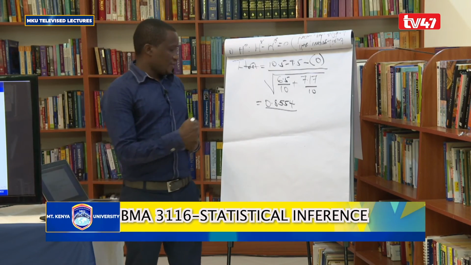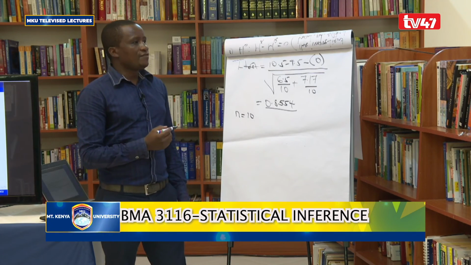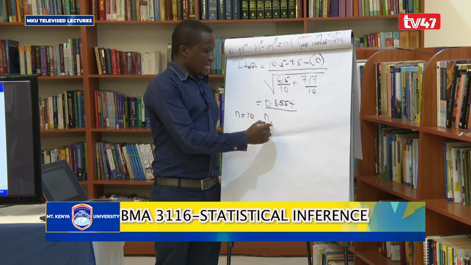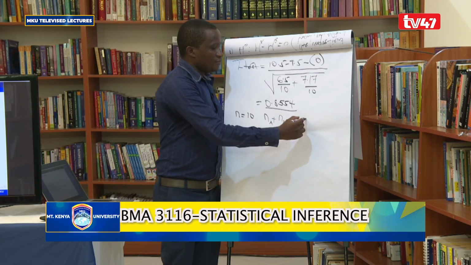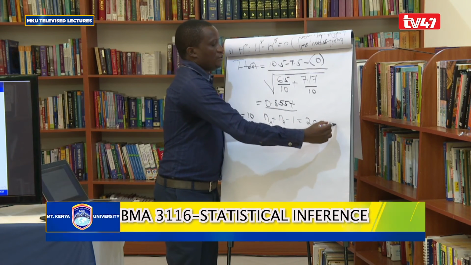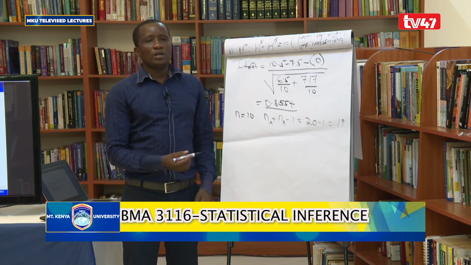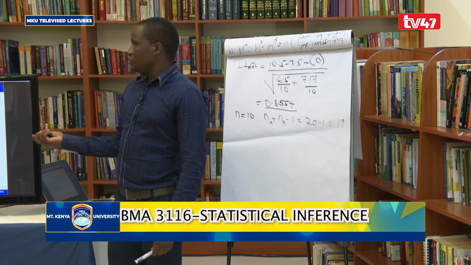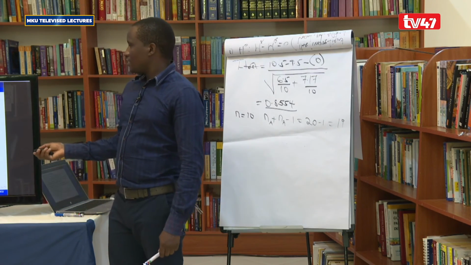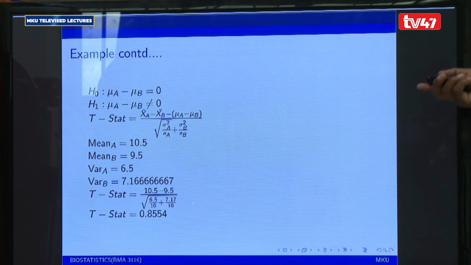In this case, we have both with 10 individuals. So we are going to have NA plus NB minus 1, being 20 minus 1, which is 19. Because this is what we call a two-tailed test, the two-tailed test is based on the null and alternative hypothesis.